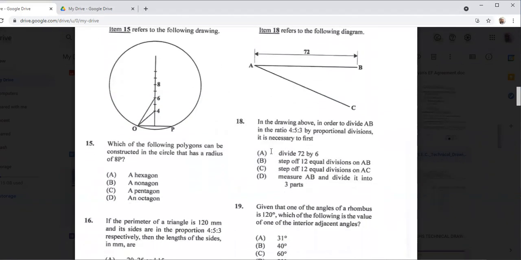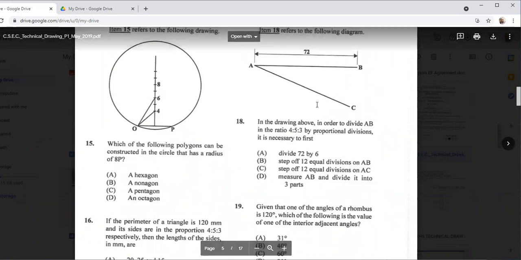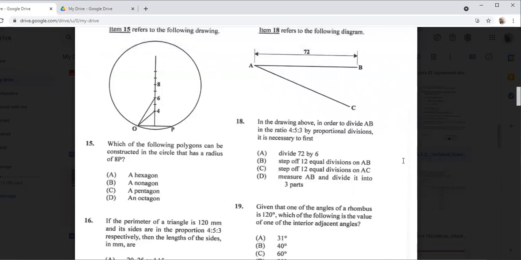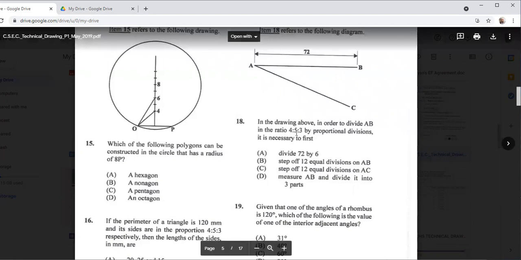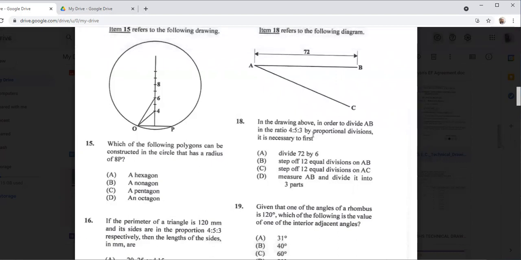Number 18. What would be the first step to divide this line into the ratio of 4, 5, and 3?